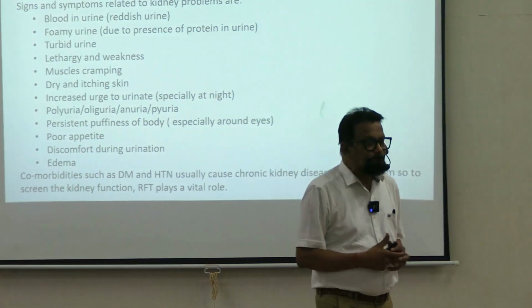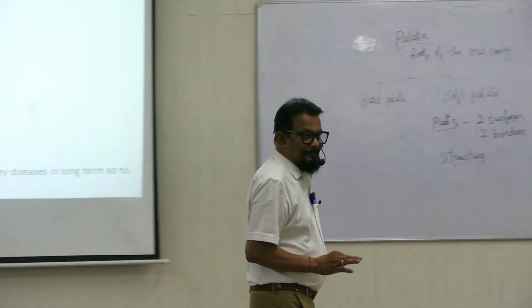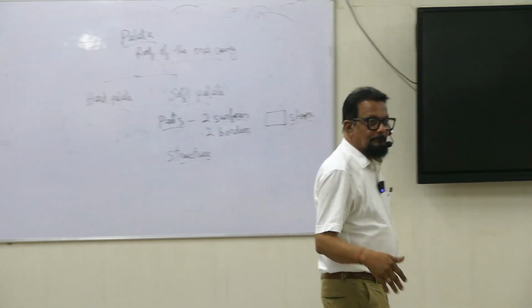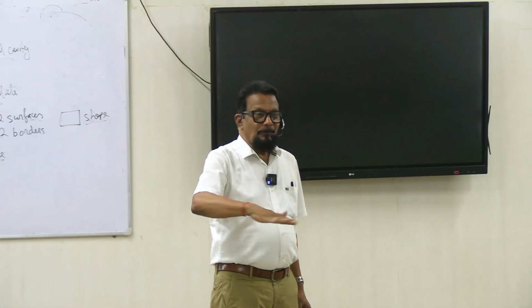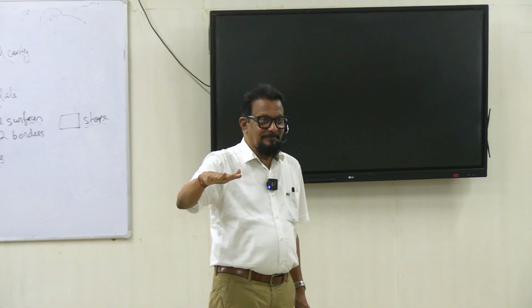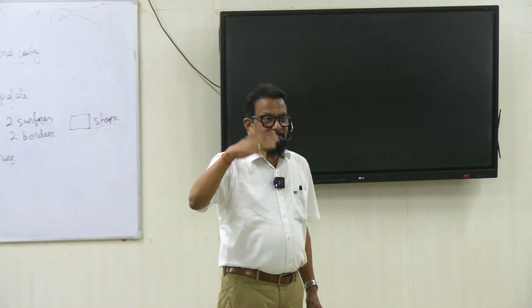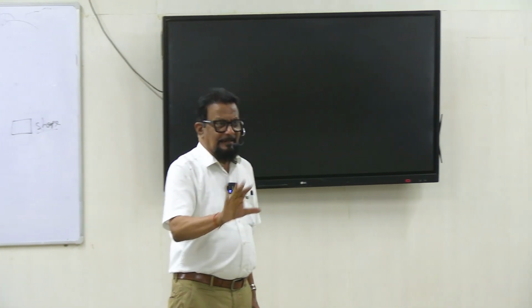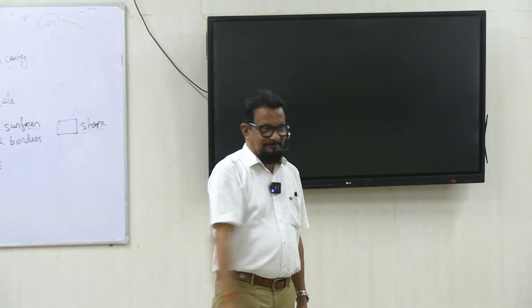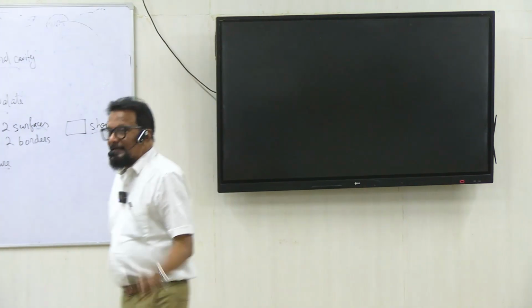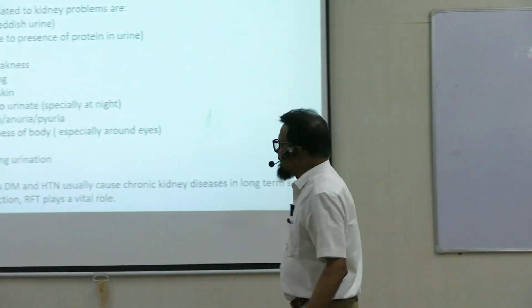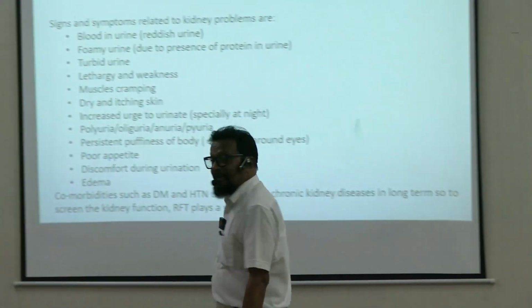What are these? Anuria means, anybody? What is anuria? No urination. The patient is not passing urine in the last 24 hours, or passing less than 100 ml in 24 hours. This condition is called anuria.